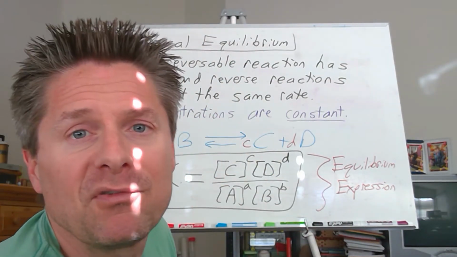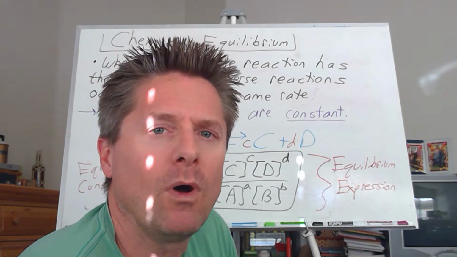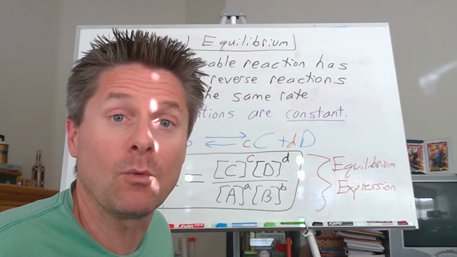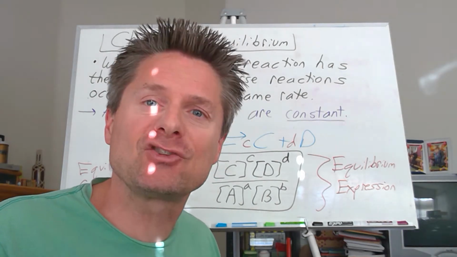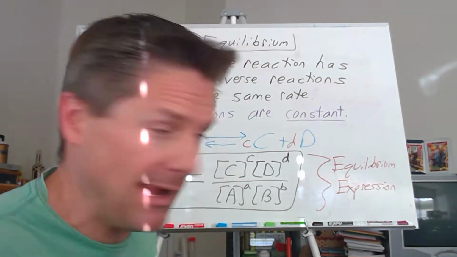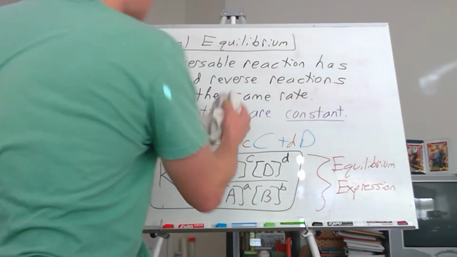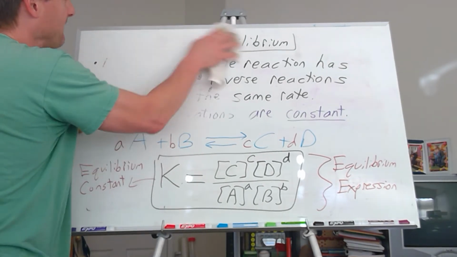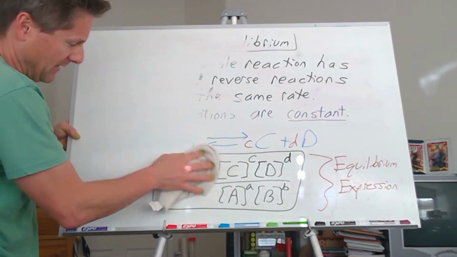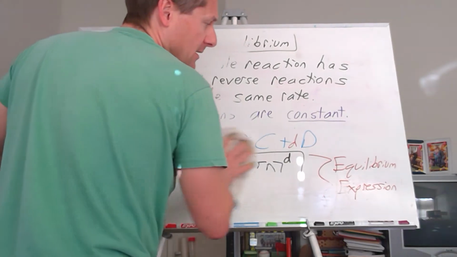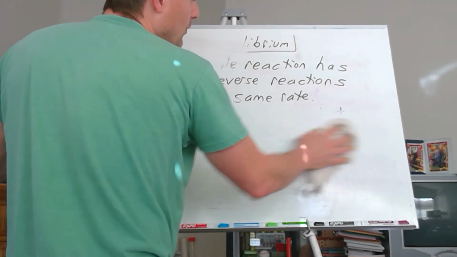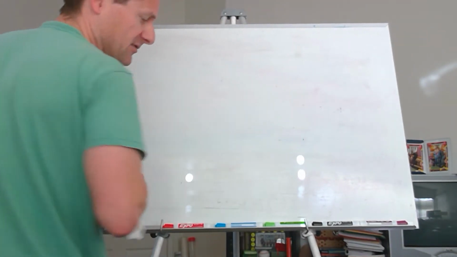So let's do a few specific ones. I'll erase this board and show you how to set up an actual equilibrium expression. Okay, so let's erase this and look at something specific. Let's start with a heterogeneous one.